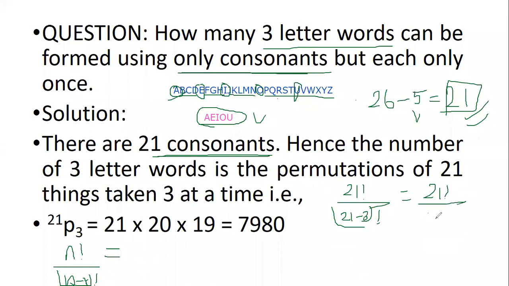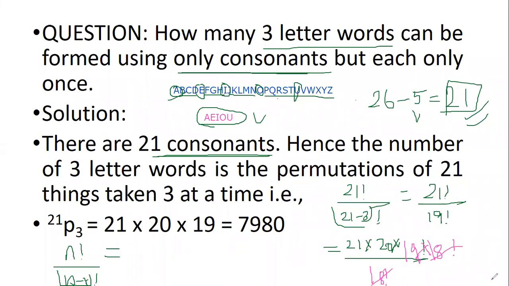Sorry, 21 minus 3 is 18, not 19. So this is going to be 21 factorial divided by 18 factorial. So 21 into 20 into 19 into 18 factorial, and I have 18 factorial in the denominator. So I can cancel 18 factorial and 18 factorial.